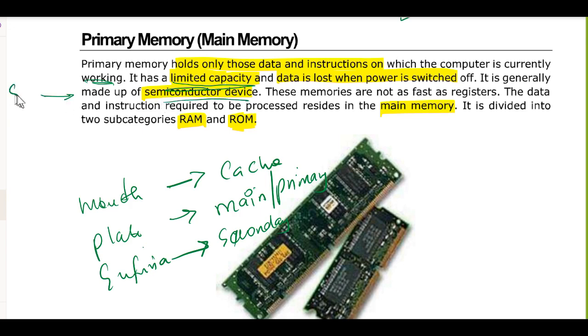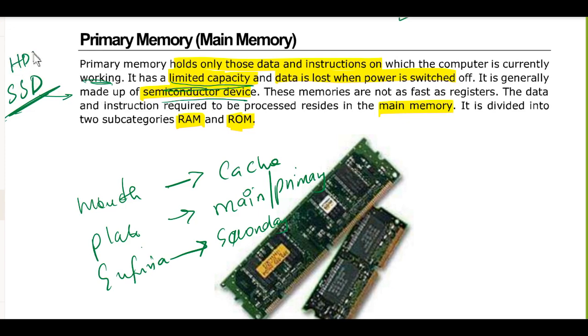Solid state devices are the ones that make the primary memory. Sometimes we might also have HDD, but this depends on the kind of computer that you are using. But the whole idea is that the main memory is where we hold the data that we are working on currently, just like the plate holds the food that we are eating currently.